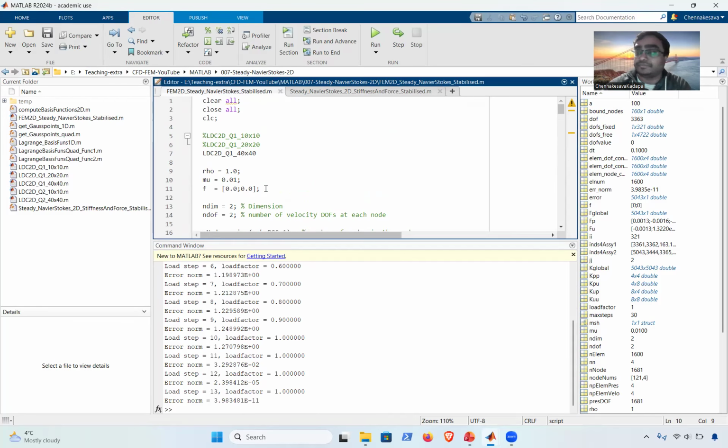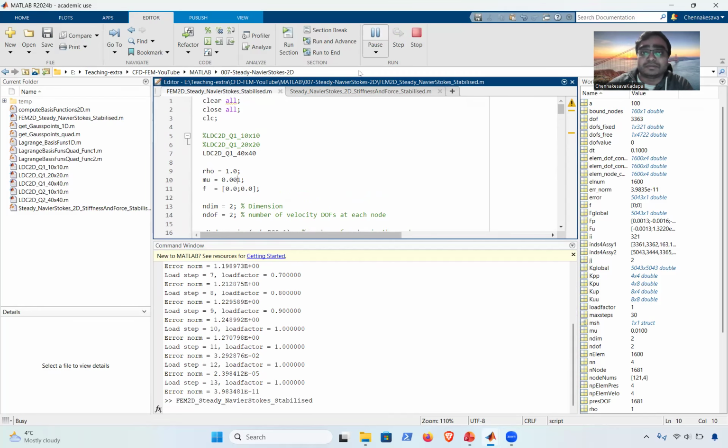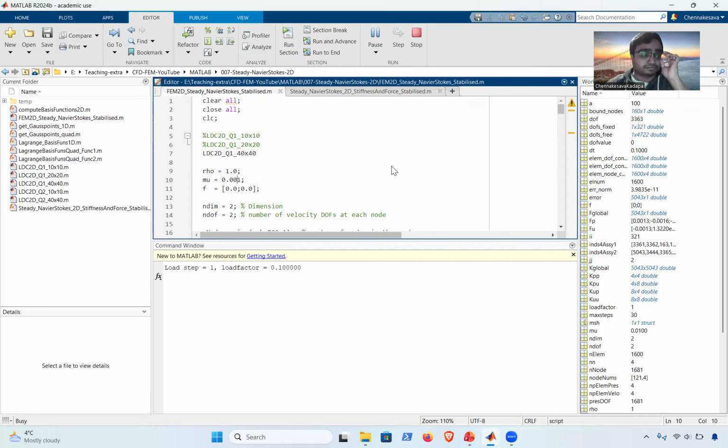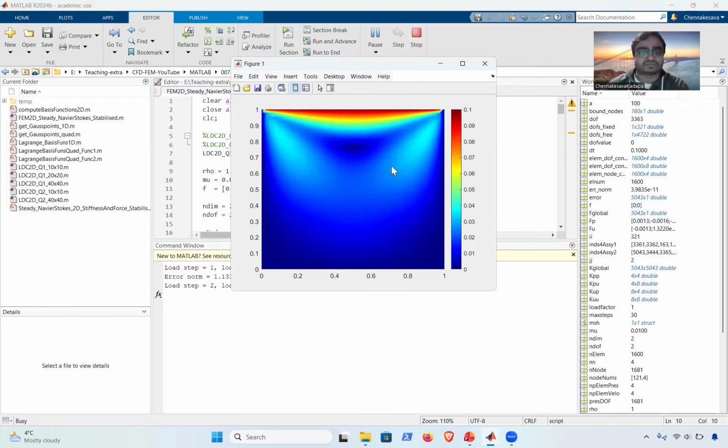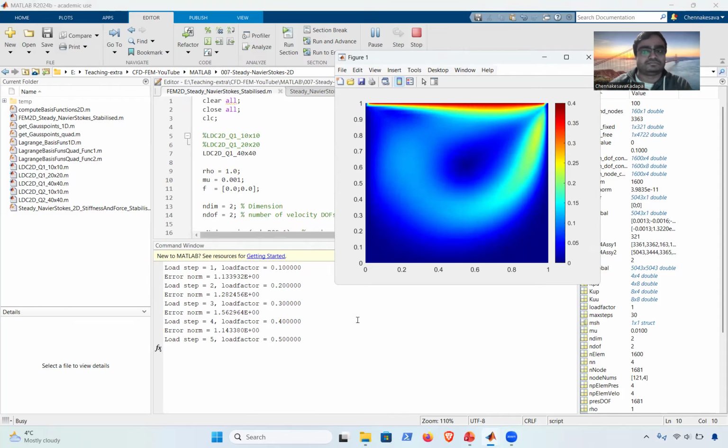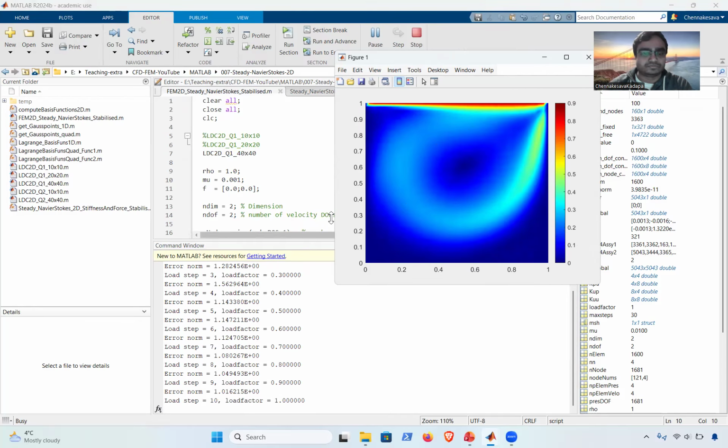Now let us see if it remains the same for a higher Reynolds number of 1000. We don't see any divergence. Velocity is smooth. We have reached the load step of 10.